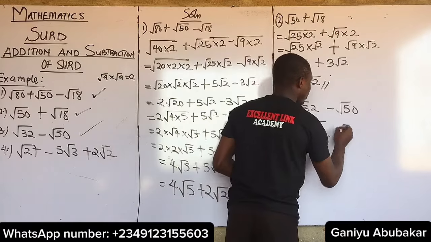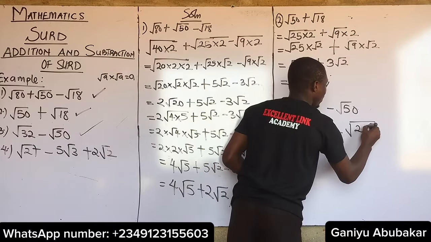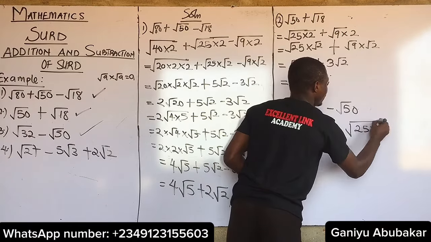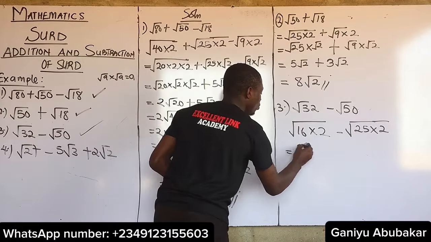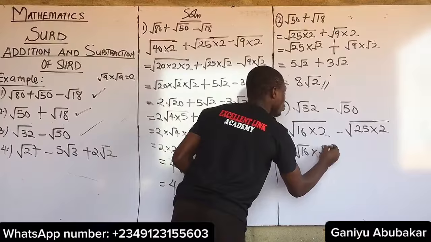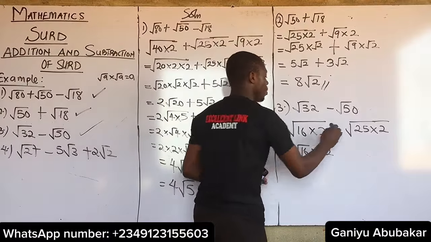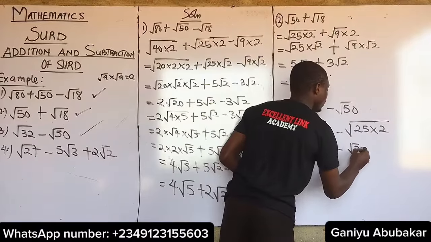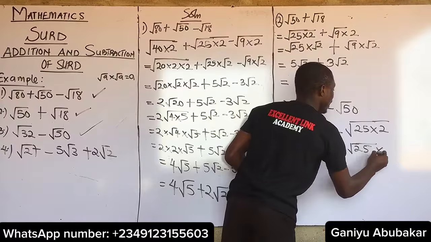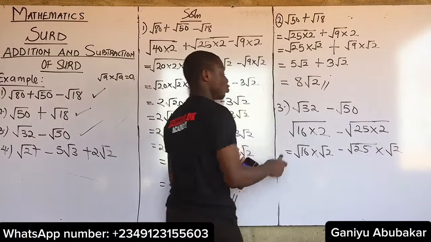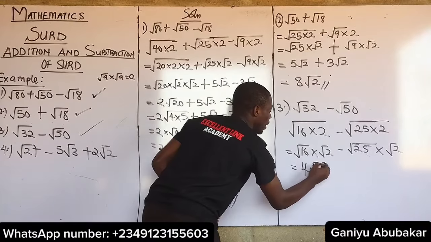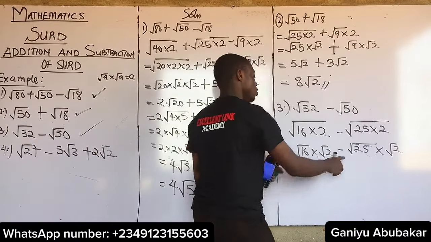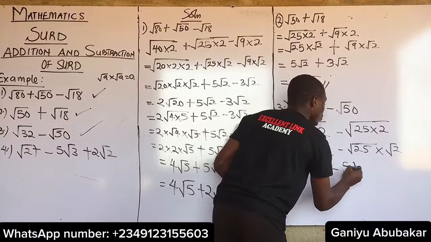So minus root 25 times 2 will give 50. From here now, I'll be having root 16 times root 2, separating them, minus root 25 times root 2, separating this one too. Root 16 will give 4 with this root 2 here, minus this will give 5 root 2.